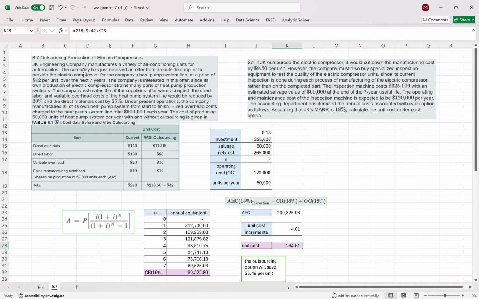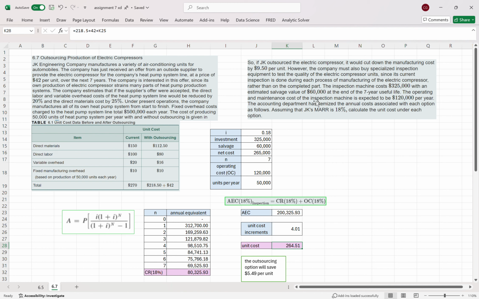On the first paragraph, everything that is said is summarized in a table. So we got the unit cost for the current supplier, and then a unit cost with an outsourcing supplier. But then on the second paragraph, we are given some special conditions that are not taken into account in the table for the outsourcing option.